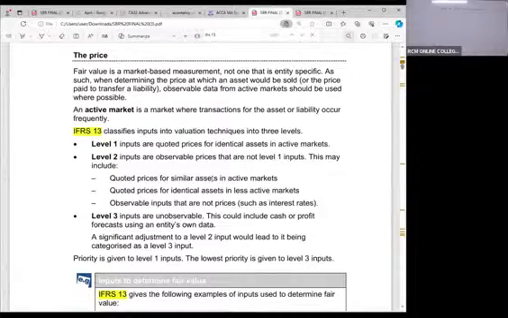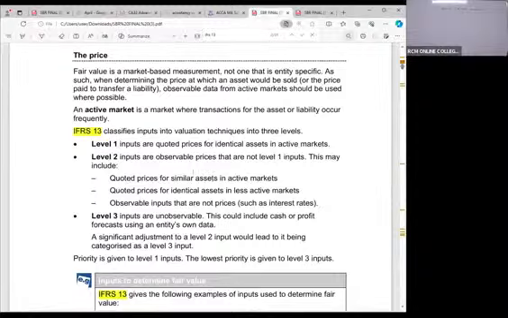Perhaps the difference is that this person has a 3-bedroom, and mine is 3-bedroom, but this one has some kitchen, store, pantry area, etc. So when it's similar, it will be very easy for me to say, your house went for 13 million. Mine is close to your house, but it lacks this, so I can make adjustments. So level 2, ladies and gentlemen, is when we have assets that are very, very similar.